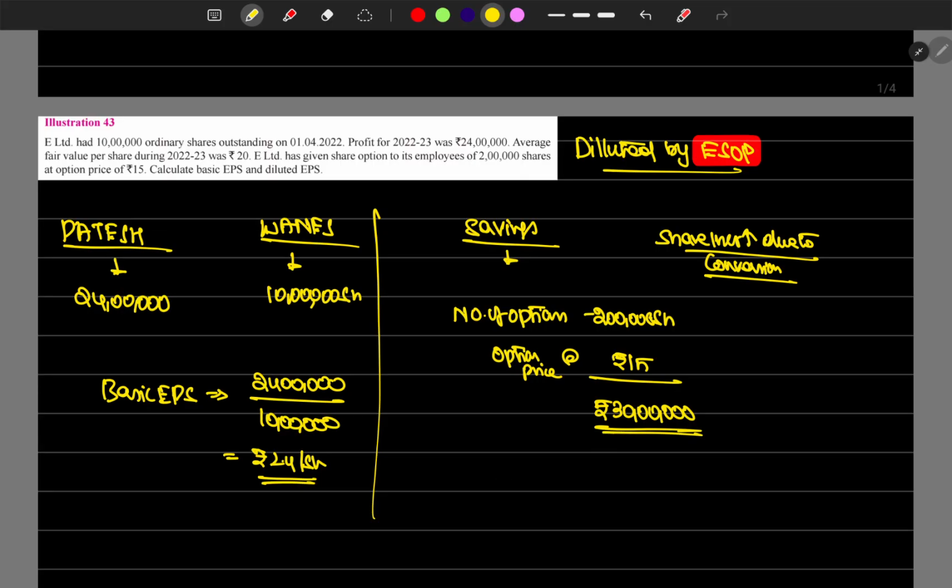Now if we divide this number by the fair value per share, we'll get the number of shares the company is going to get at full value. Okay, rupees 30 lakhs, for how many shares is the company going to get full value?